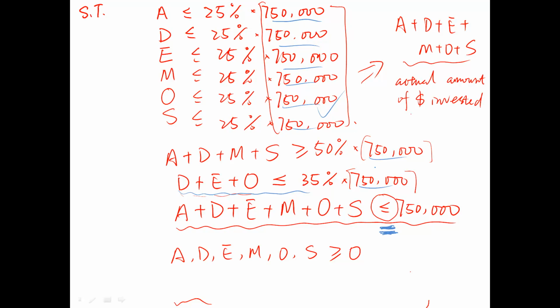Okay, so this is one example of writing models in an accurate way, especially for modifiability purposes. Later if more constraints are added to this model, which make the left-hand side of this constraint less than 750, then A plus D plus E plus M plus O plus S will be less than that 750 here.